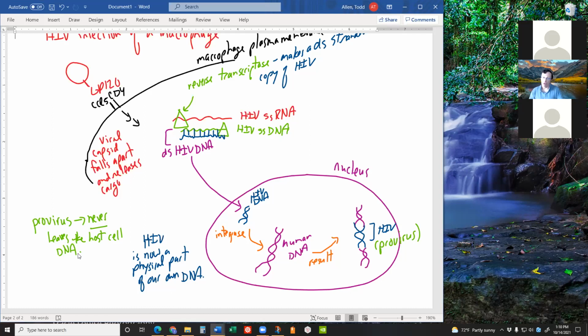You might recall, and I'm not going to put this in your notes because I don't want you to be confused, that when we talked about lambda last time, we said that the prophage DNA, when it incorporates into the bacterial DNA, can at times, depending on environmental triggers, actually pop back out. So a prophage can enter the DNA and exit the DNA.